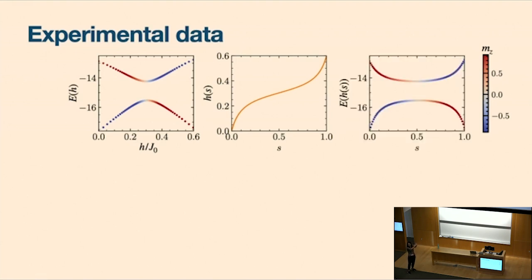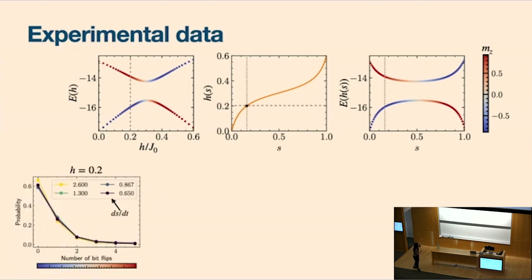So now the energy profile in time looks like this. And here in this plot, you see the distribution of the number of bit flips. 5 means all spins up, 0 means all spins down. And the colors represent the different speeds of the ramp.